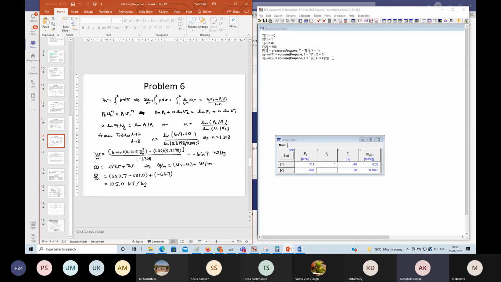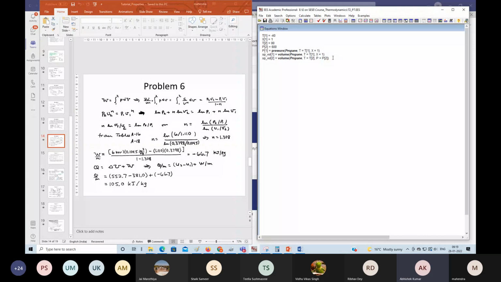Then what would be n? n would be simply a formula, nothing more: ln of P2 divided by P1, over ln of V1 by V2, specific volume.